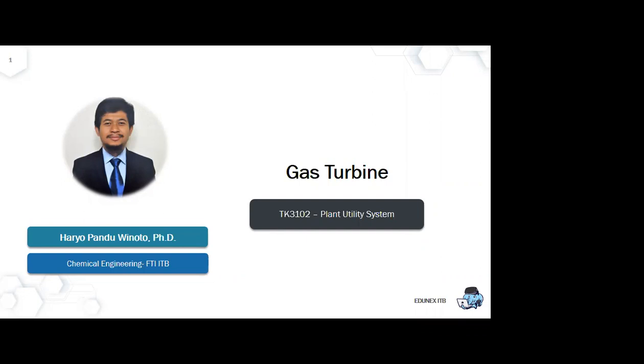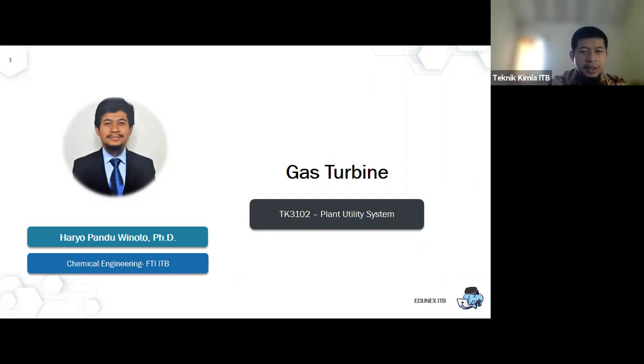Yes, sir. Okay, so it's in the 6th chapter. Basically my lecture today is just going to be repeating the book, anything written in this book. So we have entered the gas turbine.